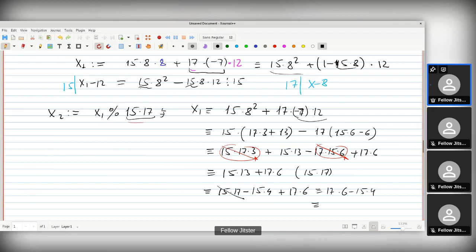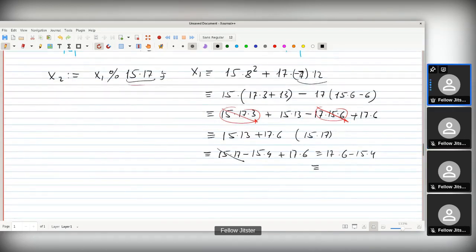Can we compute it directly? We can. What is it? It is 42. Do you agree? Yeah.